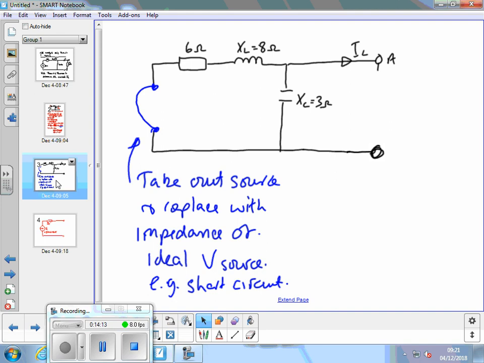And then what is the Thevenin impedance then? In terms of Thevenin's theorem, what do we need to calculate to be the Thevenin impedance? Anyone remember?